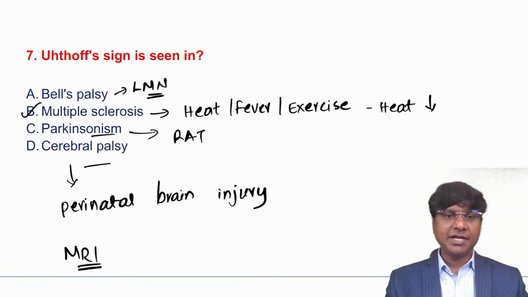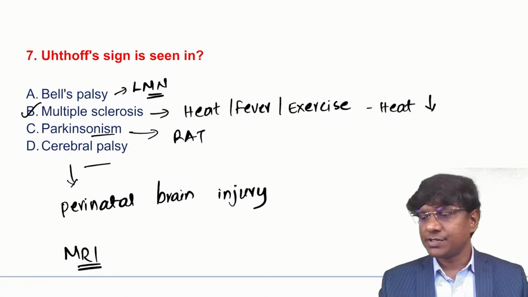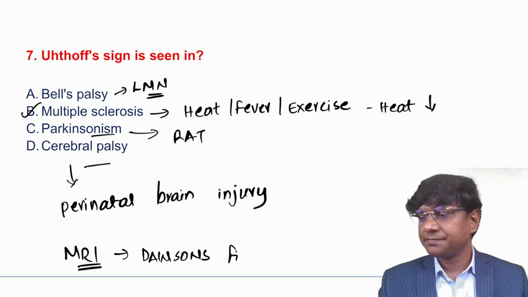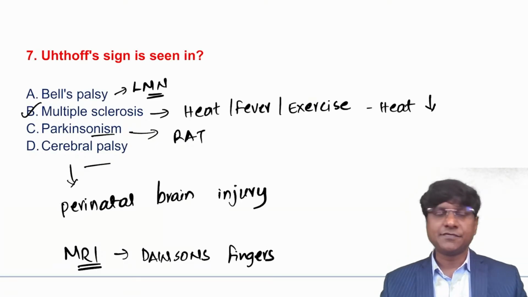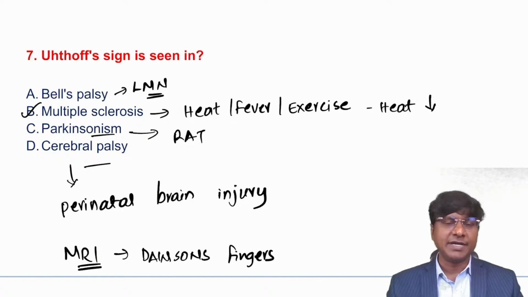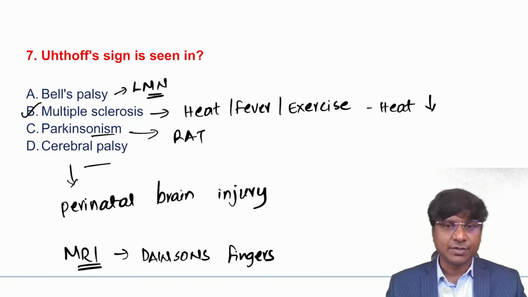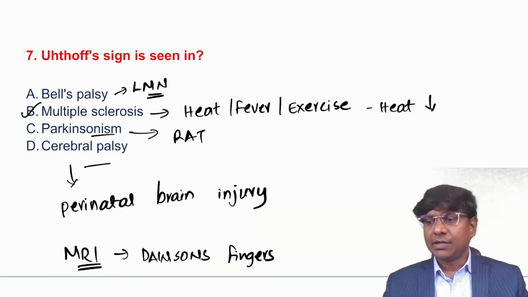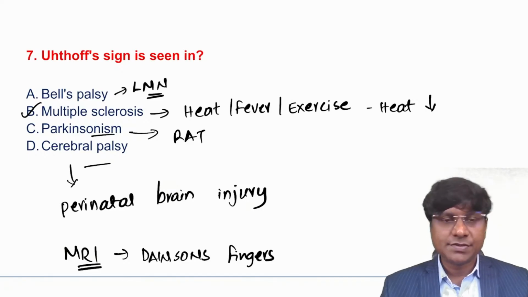You will notice that there will be presence of Dawson's fingers. And what will be the drug of choice in case of acute episodes of multiple sclerosis? You need to give steroids, right? Methylprednisolone should be given in acute episodes of multiple sclerosis. Done? So this was about your Uthoff. We'll move on to the next question.